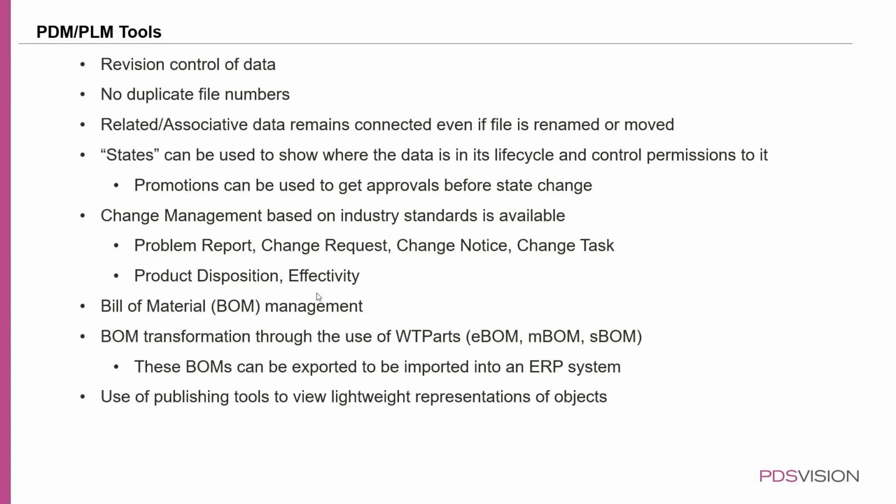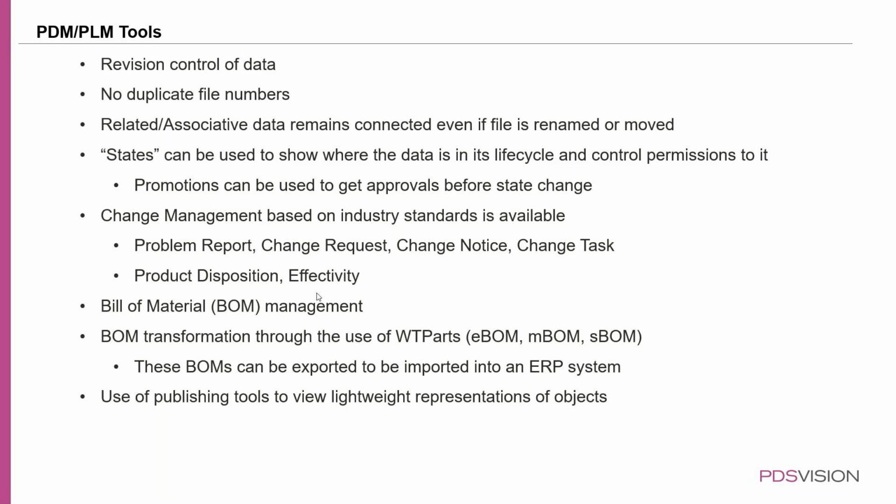So when we're changing, let's say we're revising a file from revision A to revision B, now we're going to take everything that was revision A and scrap it, or we can retrofit it, or whatever we want to do for those particular items. So as we're going through that change process, we can specify for everything that is existing, do this with them.